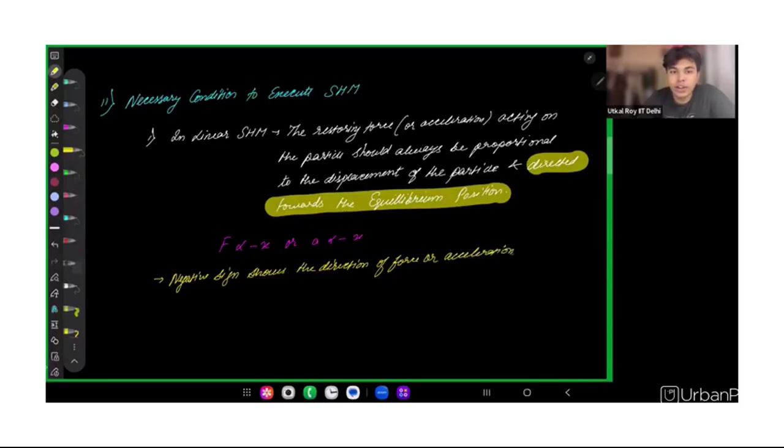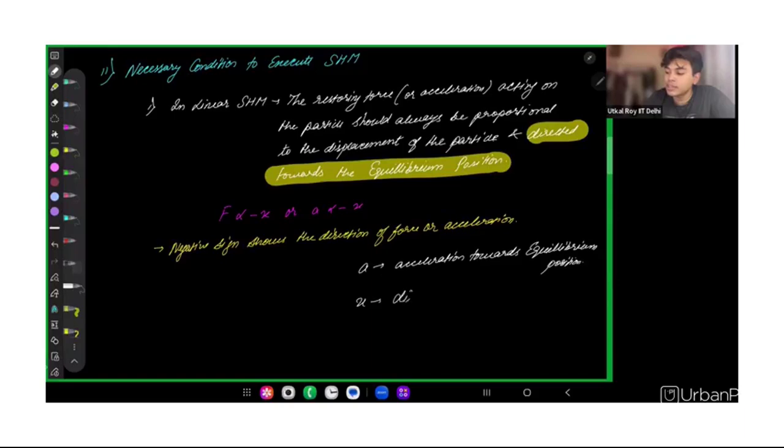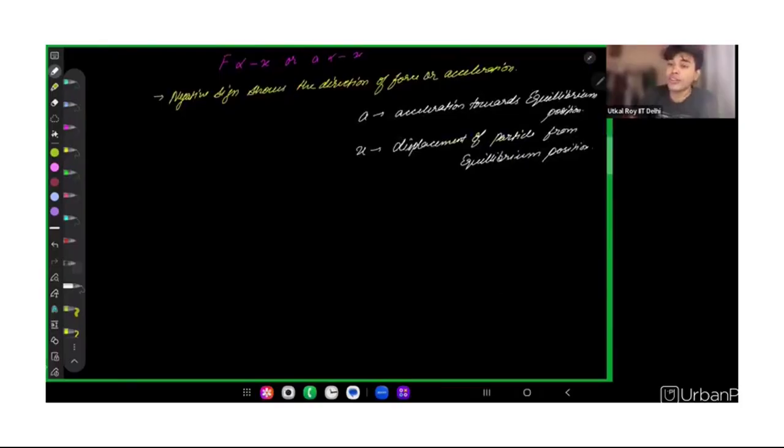And acceleration is always towards the equilibrium position, and x is the displacement of the particle from the equilibrium position. a is the acceleration towards the equilibrium position, x is the displacement of the particle from the equilibrium position. I hope you got it. Let's talk about angular SHM.